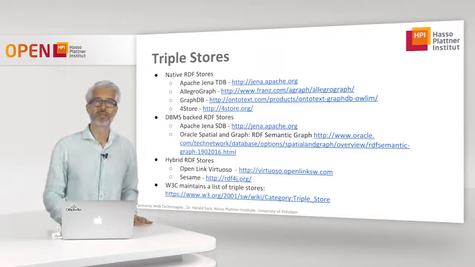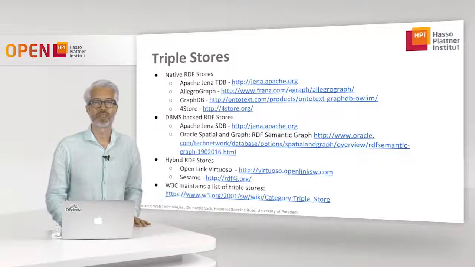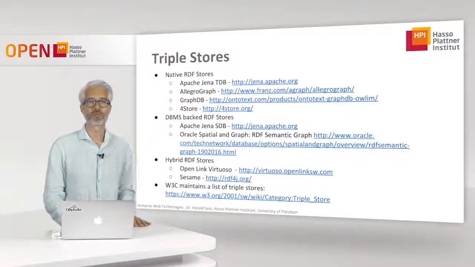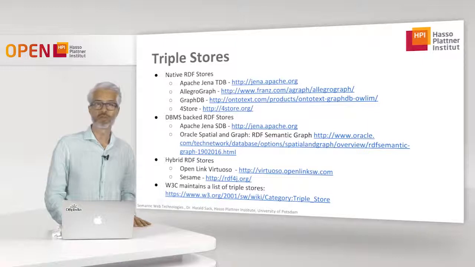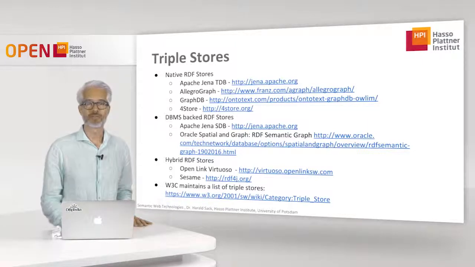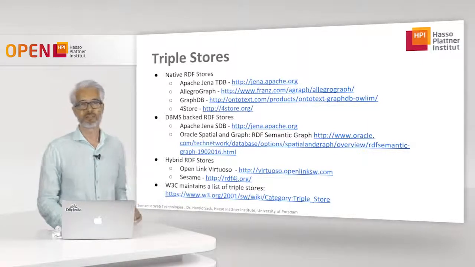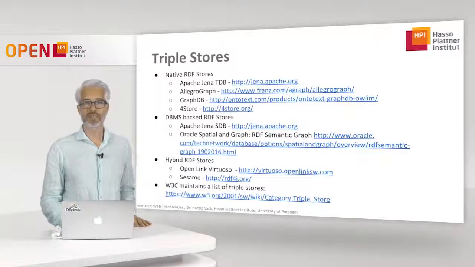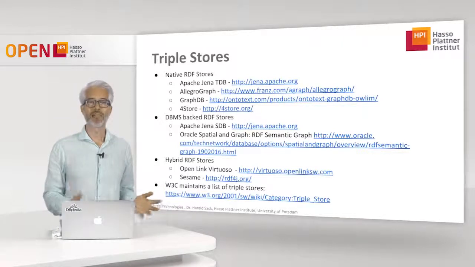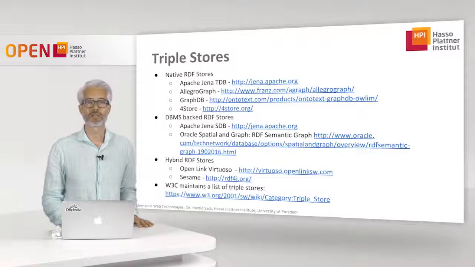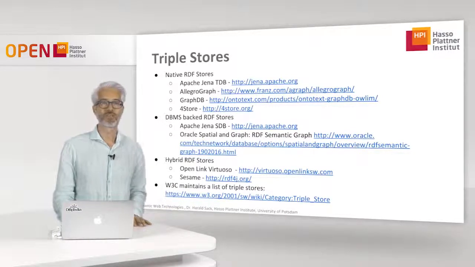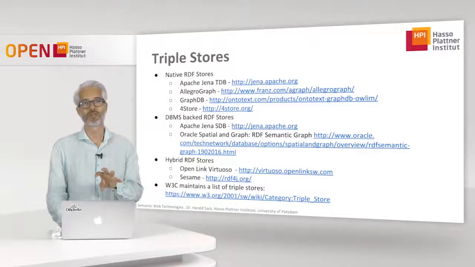Here you have some examples: Apache Jena, AllegroGraph, GraphDB, or 4store. These are native RDF stores. And then there are these database management system backed RDF stores like Apache Jena SDB or the Oracle server, for example. They are relational database management systems at their core.